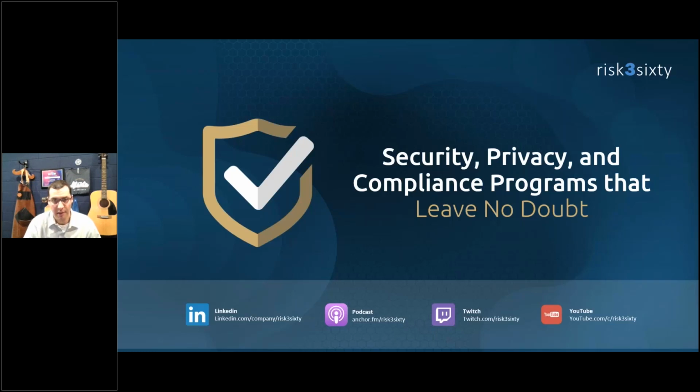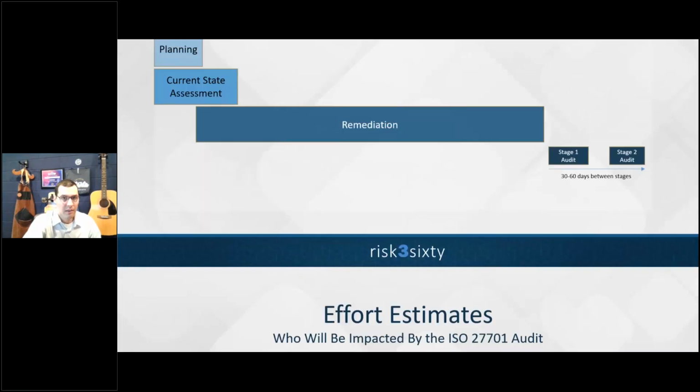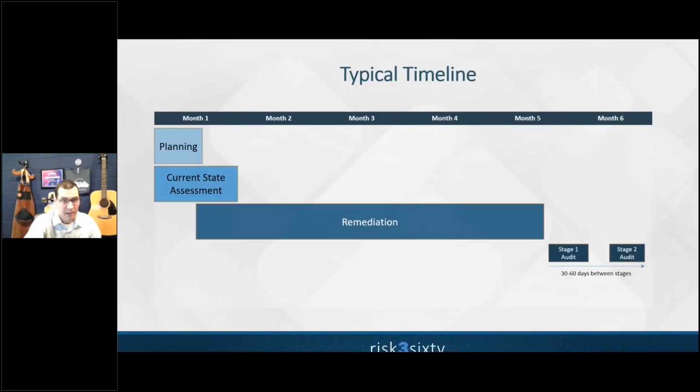So efforts, I jump back to the timeline here. We do deal more often with organizations that already are 27001 compliant. So this remediation timeline is taking that into account.